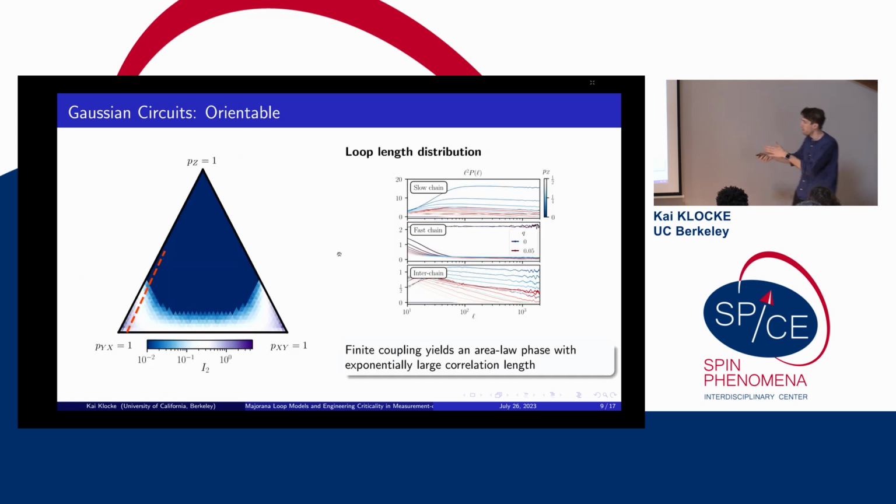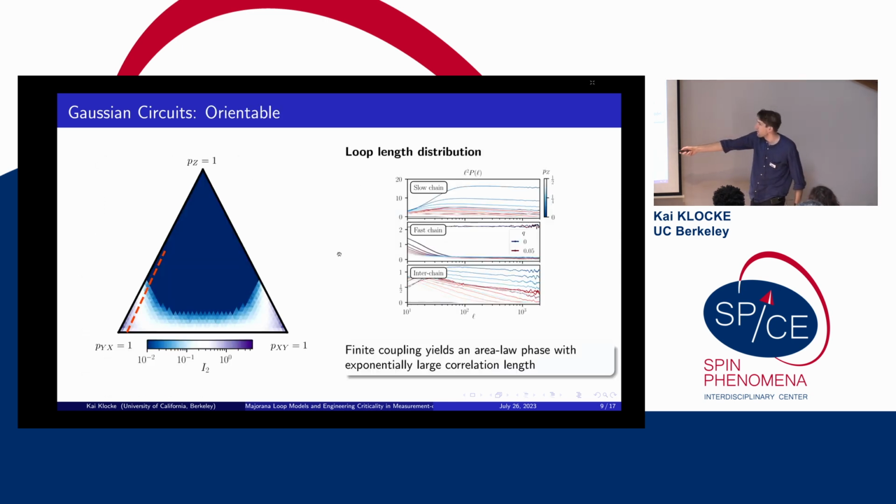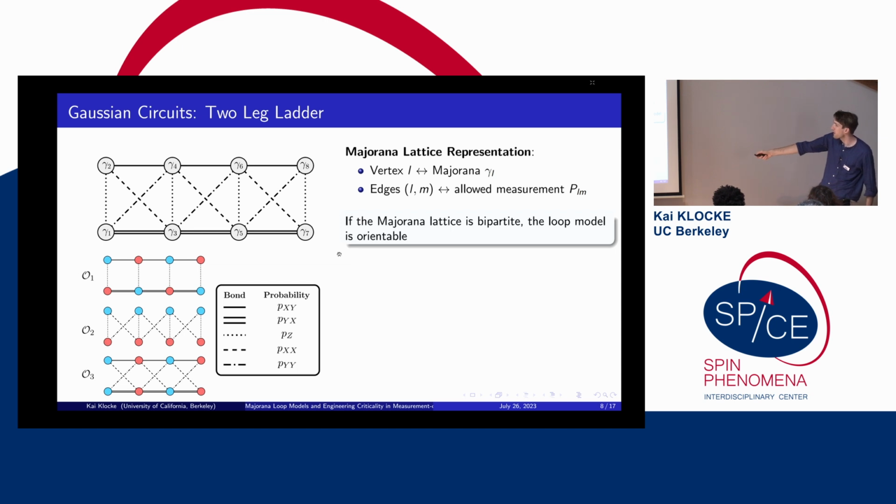So exactly this example, if I say measure z, xy, and yx, what you essentially find is that when there's no z measurements, I have two decoupled critical chains. It's a fine-tuned case. But as soon as I turn on these z measurements, you can look at this first picture here, I'm adding some interchain coupling.